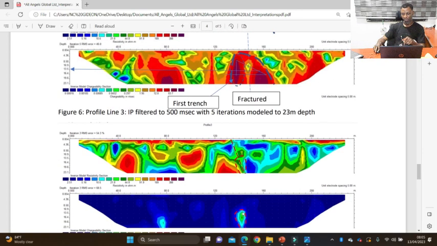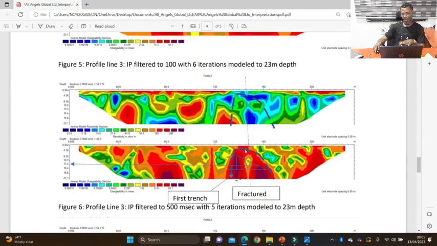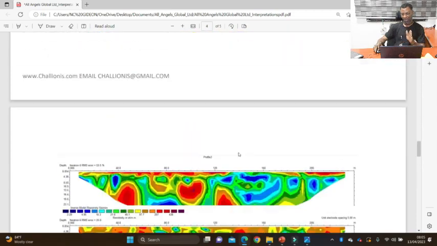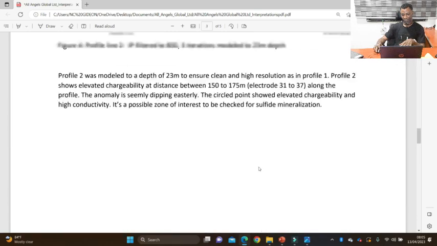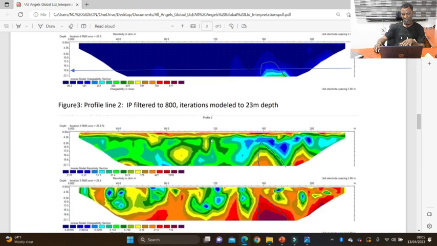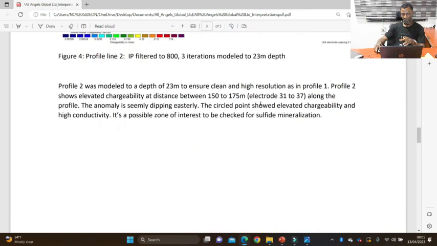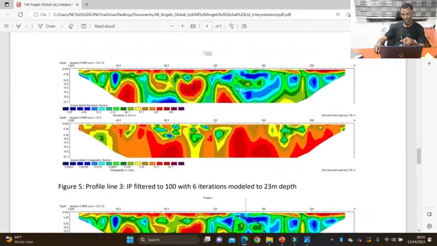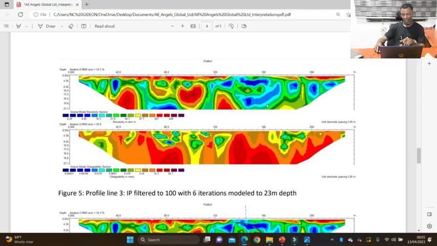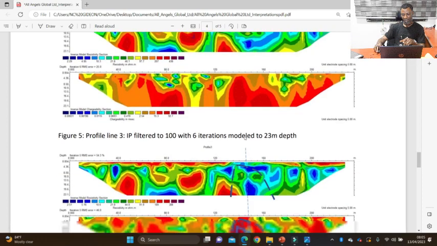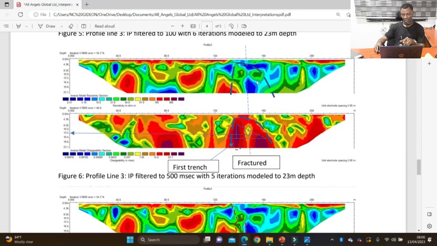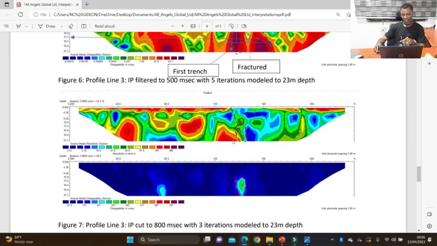Now, one thing apart from this, if you look at all these profiles, you find the continuity between the 120 and 160 lines, between 120 and 160. If you look here, this is it, here, here, and then that is also this.